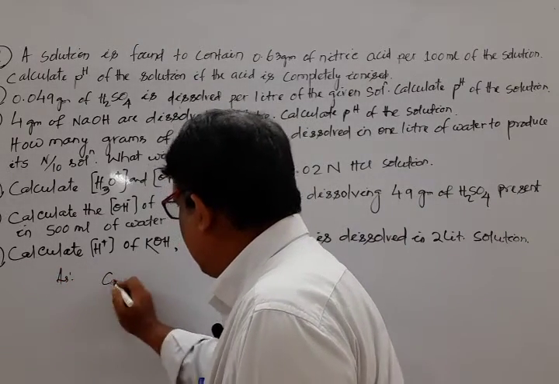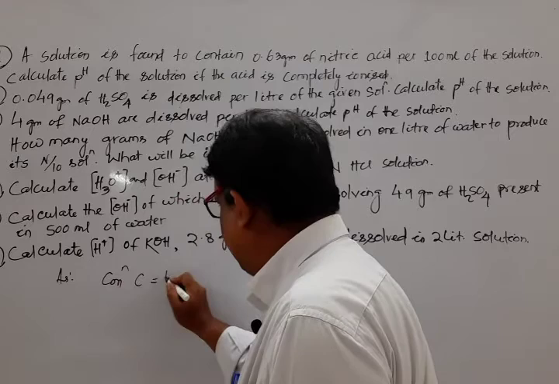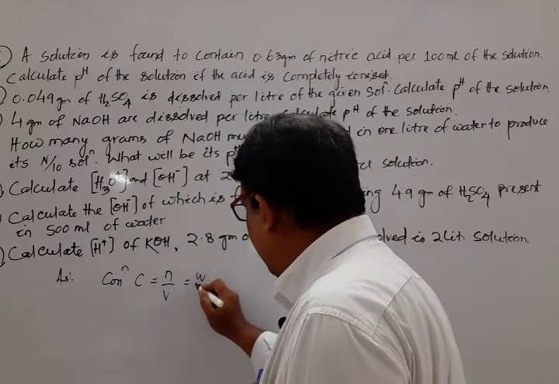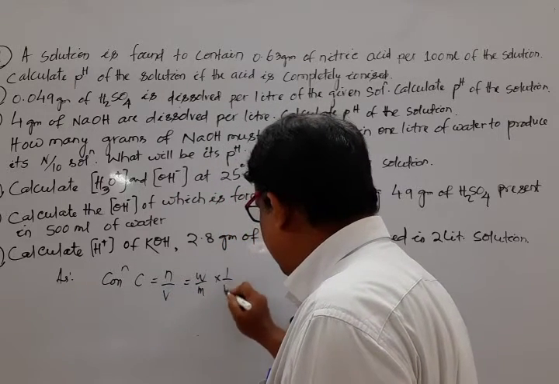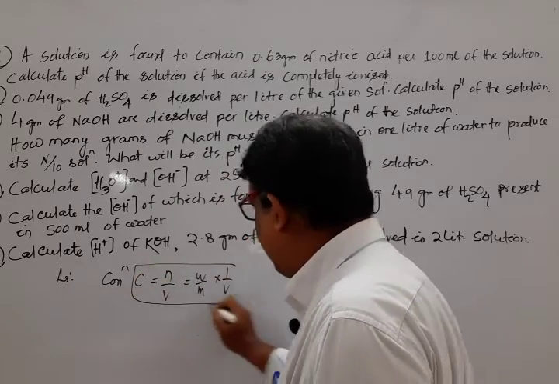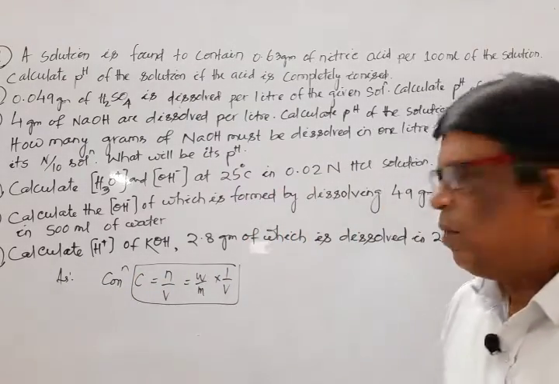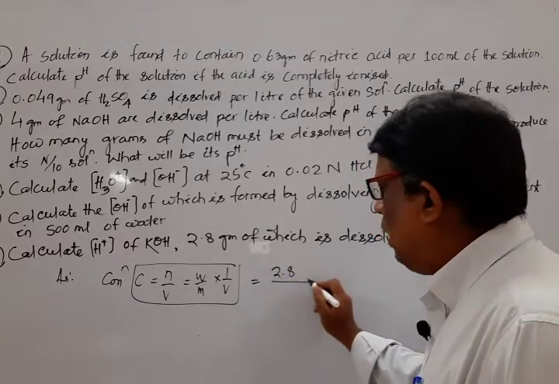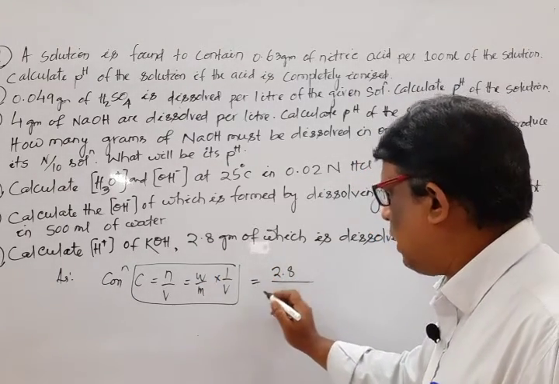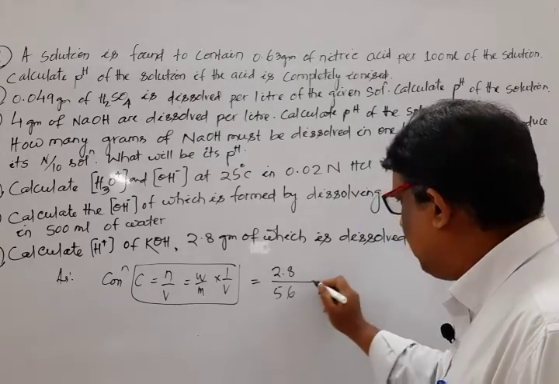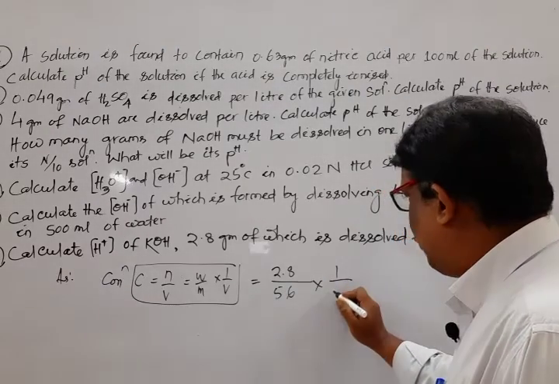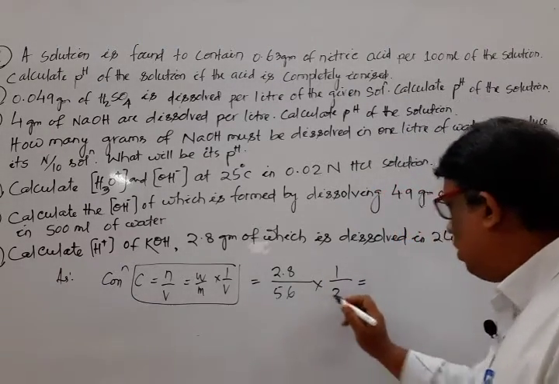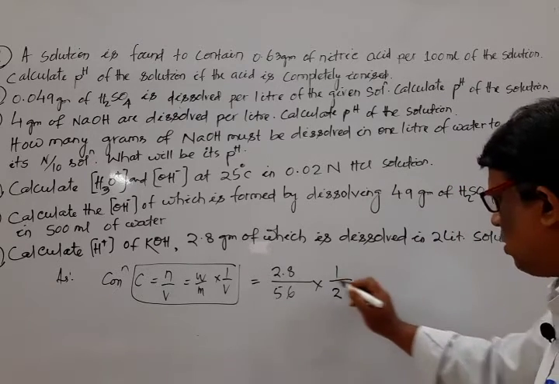We know concentration, symbol C, is equal to N by V, or is equal to weight by molecular mass into volume in liter. This is the formula. By putting this value, weight given 2.8, molecular mass of potassium hydroxide is 56, into 1 by volume 2 liter.